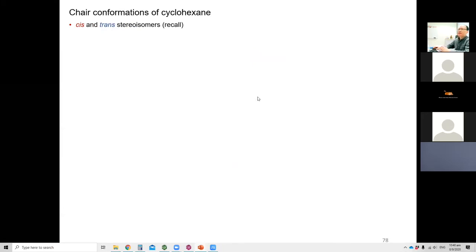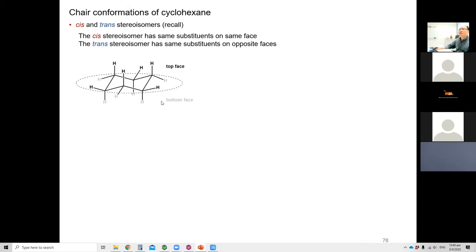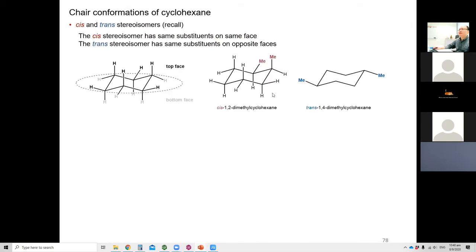And because of this ring and the plane of the chair conformation, we now have cis-trans stereoisomers, just like we talked about in 3-membered and 4-membered rings. Okay, so again, if you recall, the cis stereoisomer has substituents on the same face. So for example, we have top face, bottom face, and for this cis-1,2-dimethylcyclohexane, you have this methyl group pointing up, right?